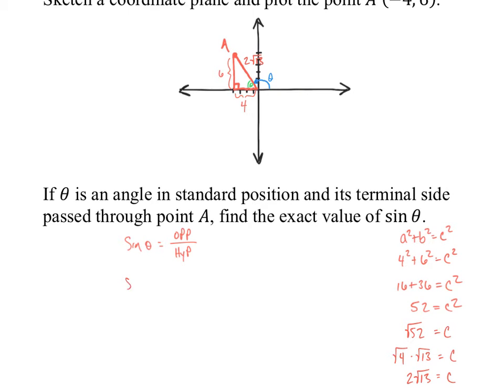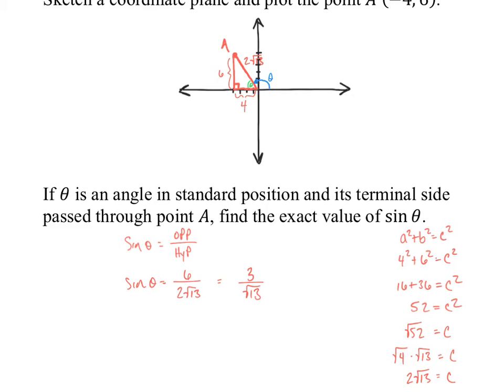And so sine of this reference angle is going to equal 6 over 2 radical 13. And that's the proportion of those sides. Okay, I can simplify this a little bit. I can factor out a 2.